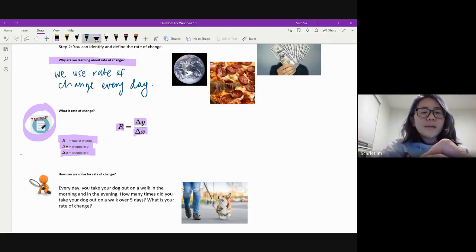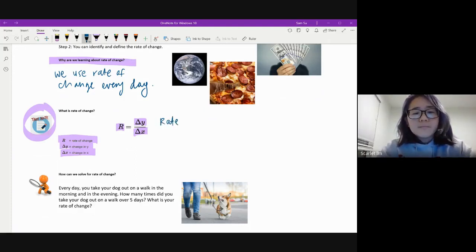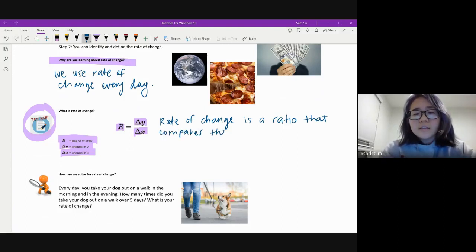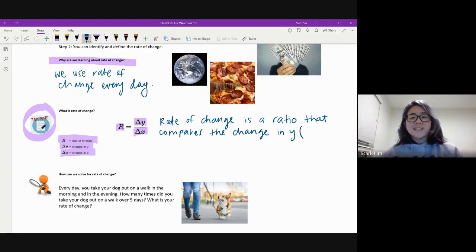Right? So ultimately, and you want to write this down with me, rate of change is a ratio. And you learned about ratios in middle school. A rate of change is a ratio. I like to think of it as a fraction, right? It's a ratio that compares the change in Y, or you know that from our unit 6 that change in Y is actually our output.